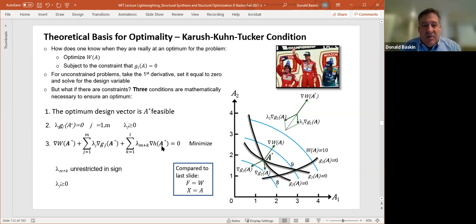And this next equation is really just a more generalized version of the equation you saw on the previous page. It says that the gradient vector of the objective function plus the sum of all the gradients of the constraints times these Lagrangian multipliers lambda must add up to equal 0 to get to an optimum.